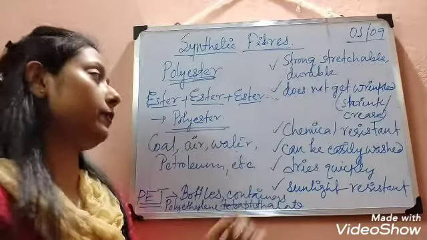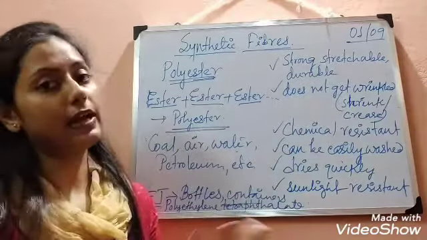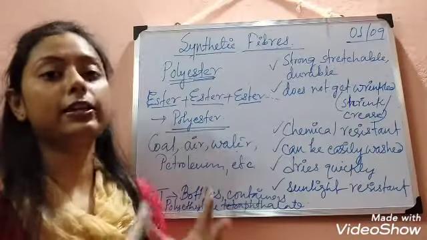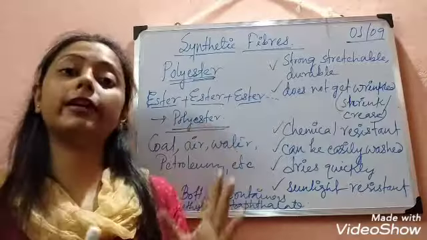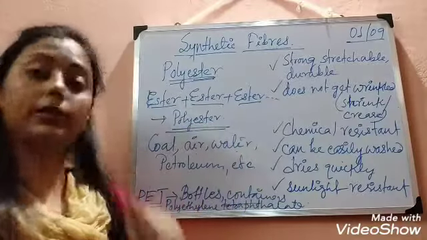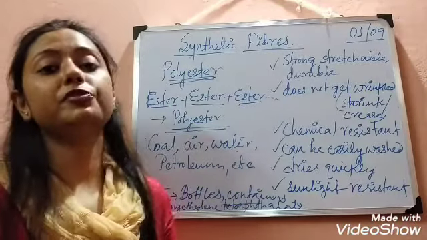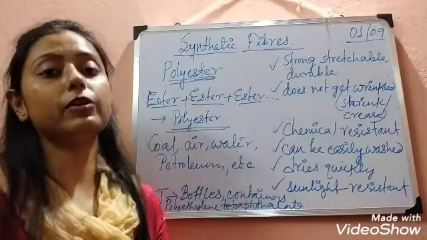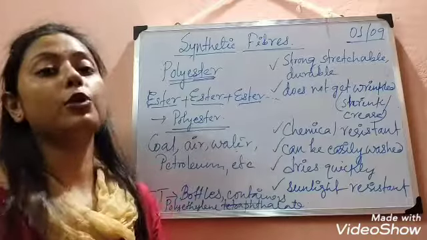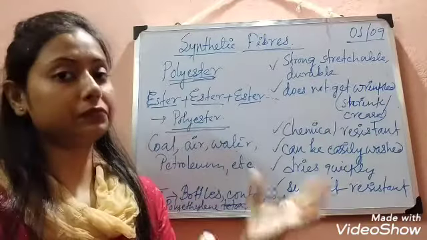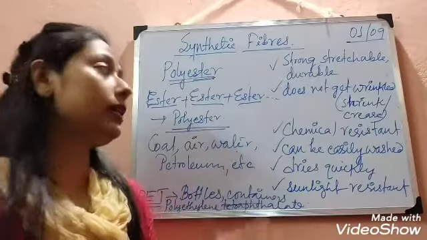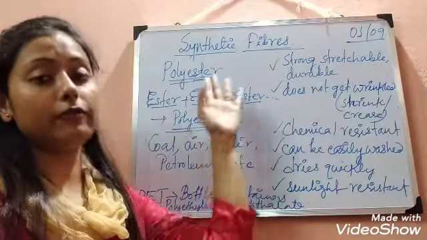Polyester is chemical resistant, just like nylon. If we create a container using polyester, it will not react with the chemical. So it is also very useful to keep chemicals, basically any acids or alkalis, in a container made of polyester.